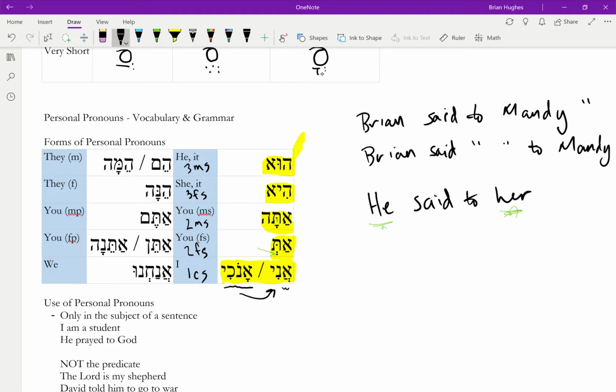Particularly this form of the first person pronoun shows up in texts that we believe are written later. But you can also have scribes go back and update things. But we're going to encounter both of these for first person. Common, meaning there's not a different pronoun for male or female if you're saying I, and singular. So ani and anochi.